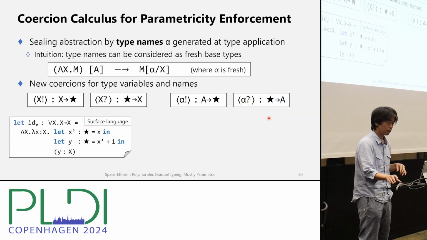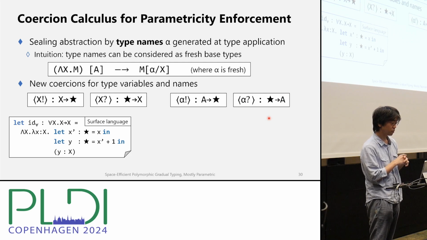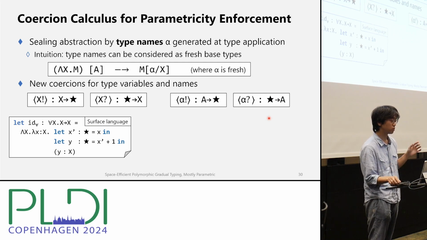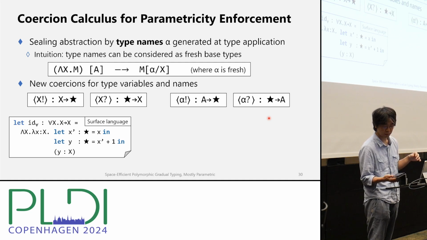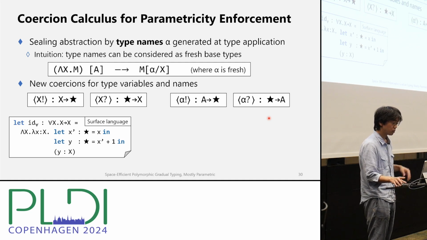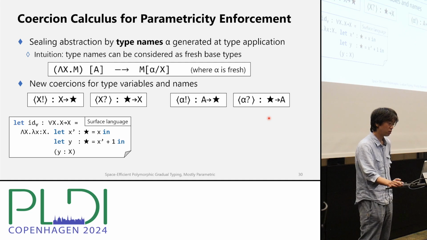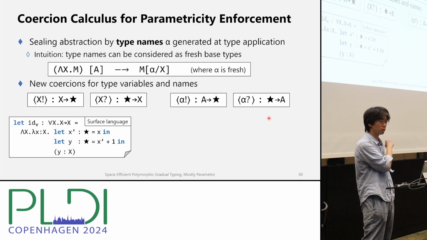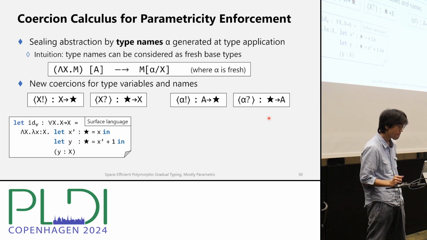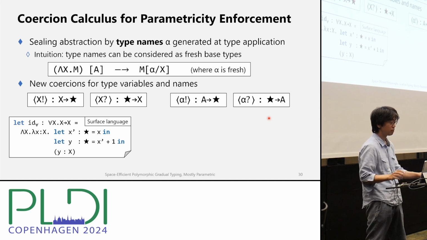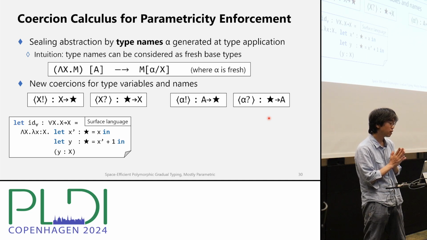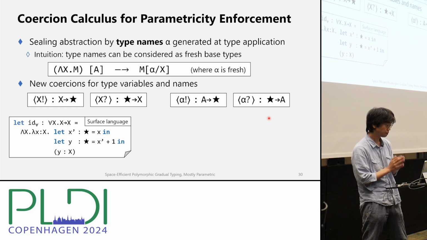Okay, so this is a simple behavior of the coercion calculus, and we extended this coercion calculus to parametric polymorphism. To do so, first we introduced the notion of type names, which was introduced by previous work on polymorphic gradual typing. Type names are generated to evaluate type applications.